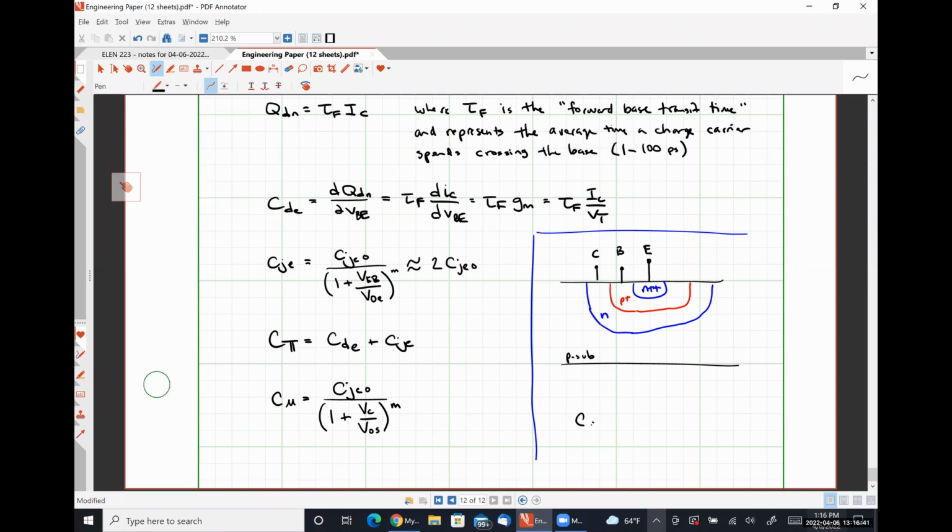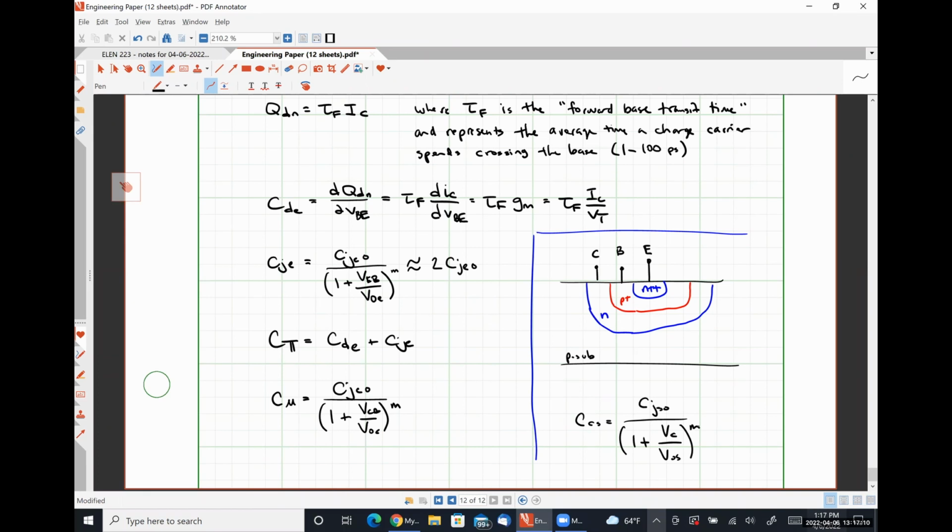So CCS, sorry, this should be C here. I don't know why I thought it was S. Will be CJS naught divided by 1 plus VC over V naught S to the nth power.